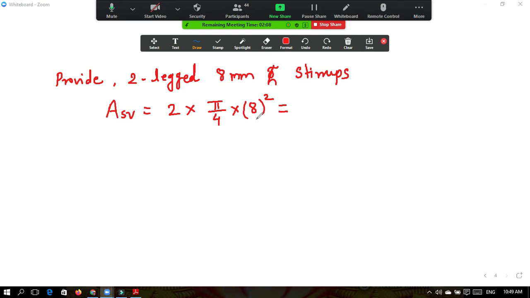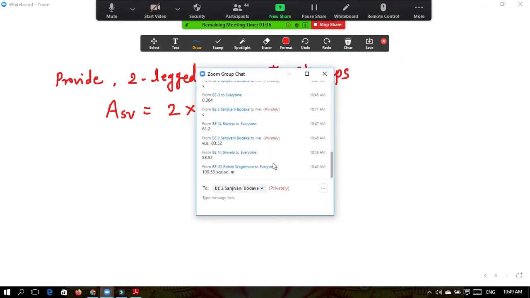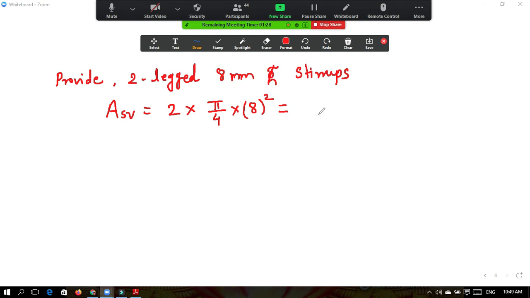It is 100.53 mm square. So this is the area of the transverse reinforcement.